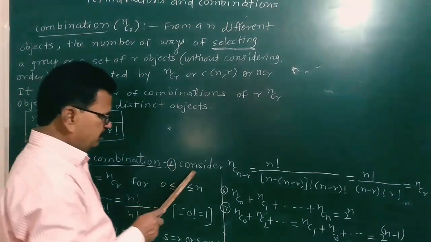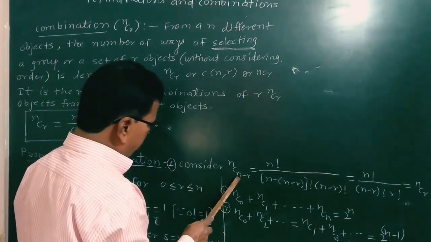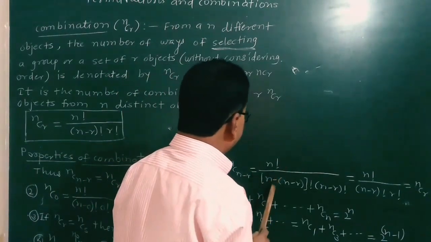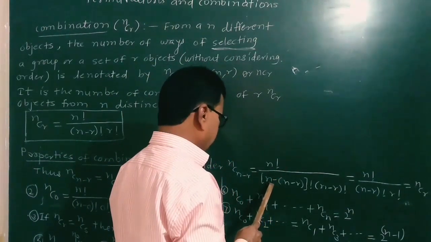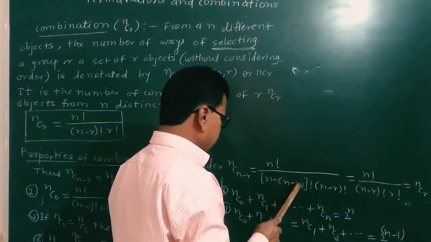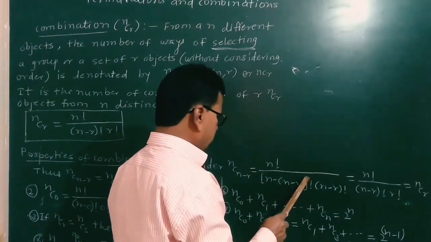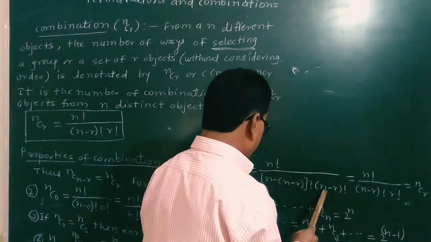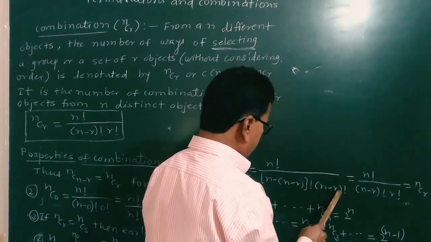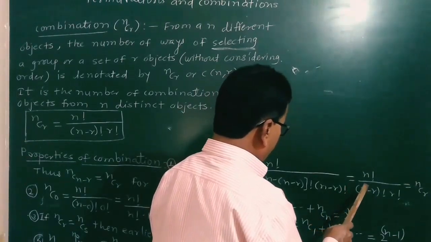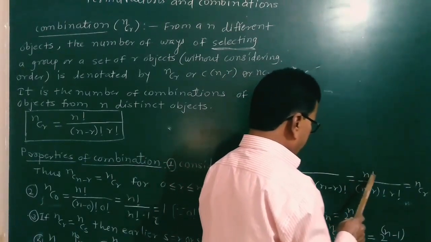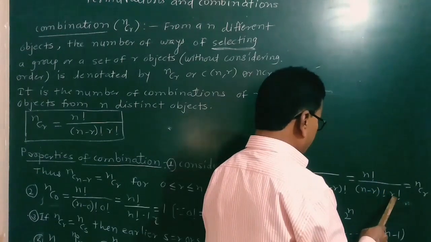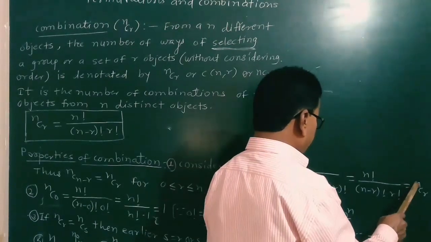First, consider nC(n minus r) is equal to n factorial upon (n minus r) factorial into (n minus (n minus r)) factorial, which is n factorial upon (n minus r) factorial into r factorial, which is the value of nCr.